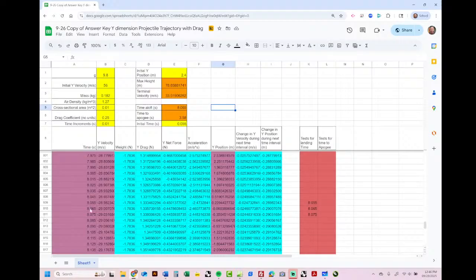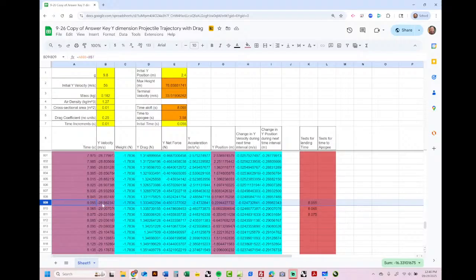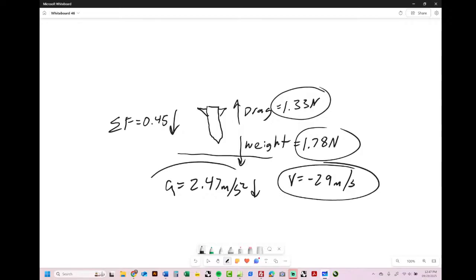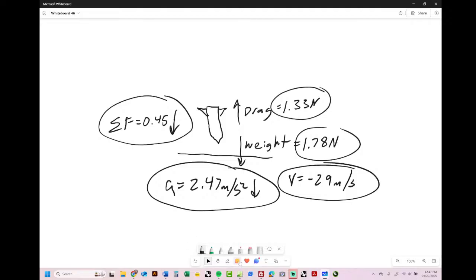So y velocity, lost track of my rows again. It's row 809. The velocity is negative 28.9. I'm just going to round that to negative 29. And I think I'm done. So I've got the y velocity, the acceleration, the net force, and the individual forces acting on it.